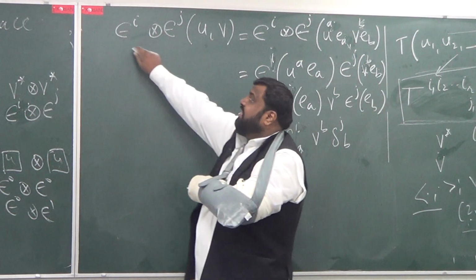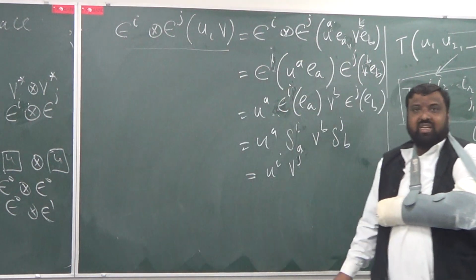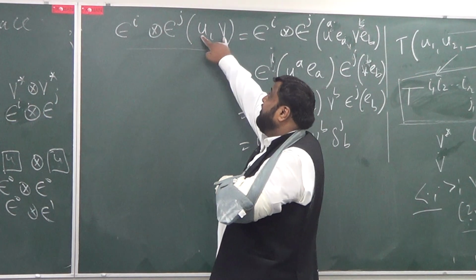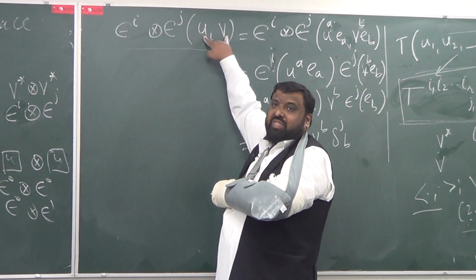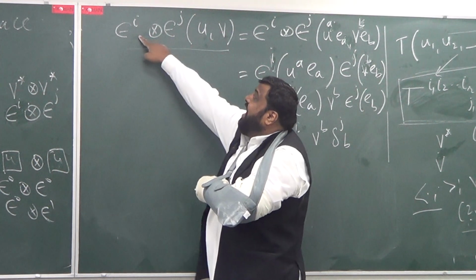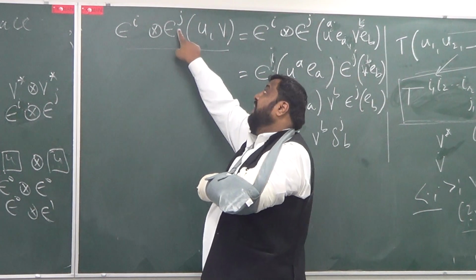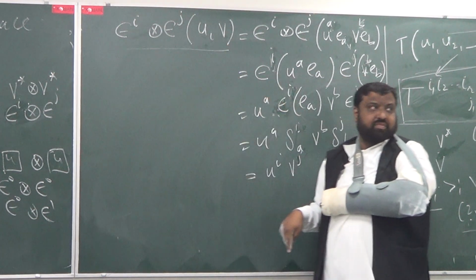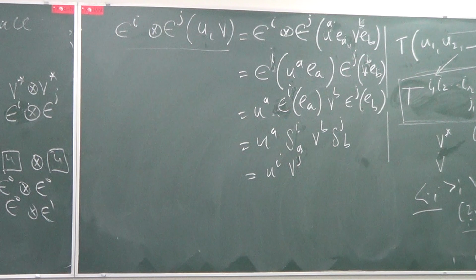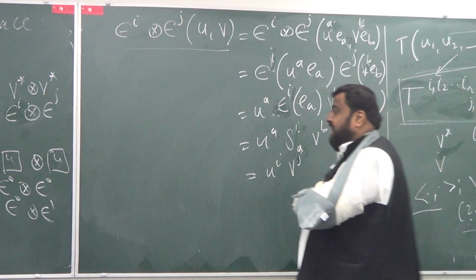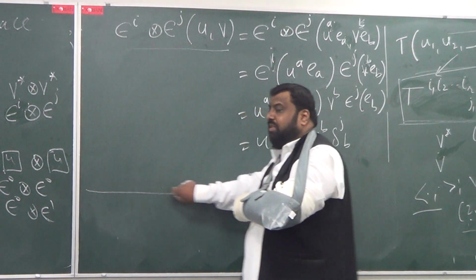So what is the output? Think about it. This tensor product, when operating onto an ordered pair, gives me the product of the ith component of u and the jth component of v. This is the key thing you have to keep in hand. You have to make yourself comfortable with these symbols.